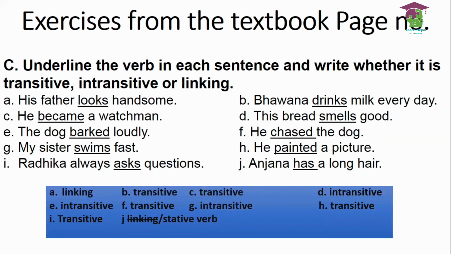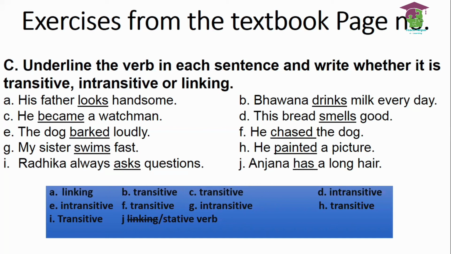Looks, linking verb. Drinks milk every day; मिल्क छ त्यो भएर transitive. Number C, became, transitive. Number D, smells, that is intransitive. Number E, barked, intransitive. Number F, chased, that is transitive; the dog छ object मा. Number G, swims fast, intransitive. Number H, painted a picture, transitive. Number I, that is what you call transitive.